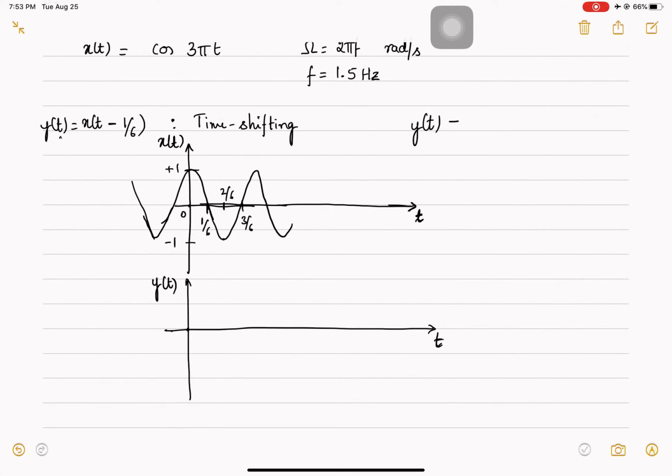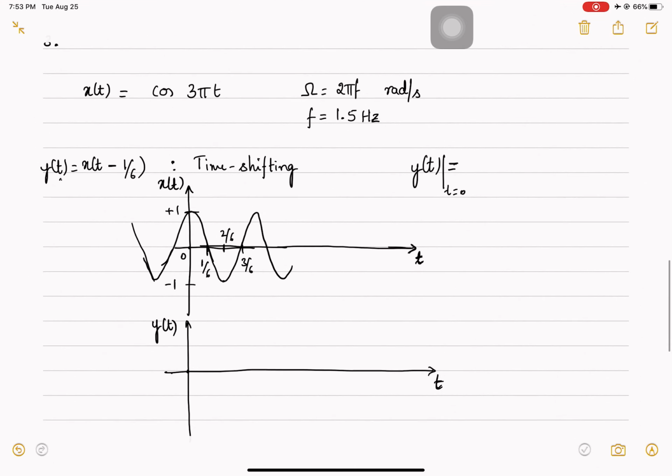At t equal to 0, what will my y of t be? Now cos of 3 pi into t minus 1 by 6, because it is x of t minus 1 by 6. If we do this, we get cos of 3 pi t minus 3 by 6 into pi, so pi by 2.